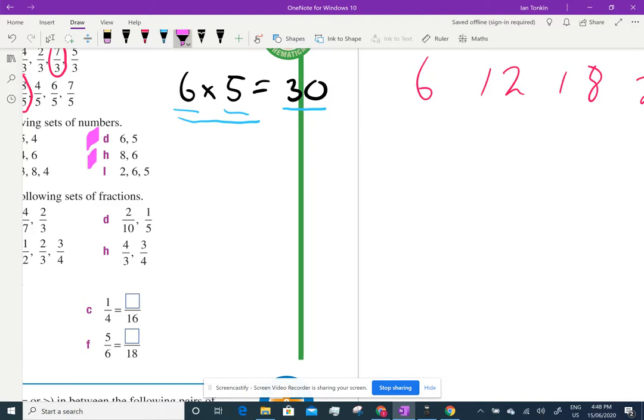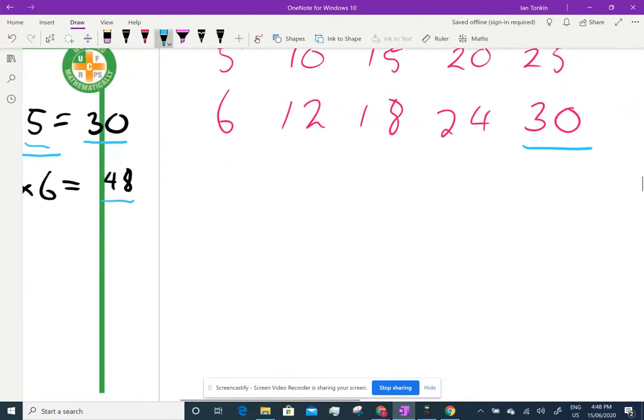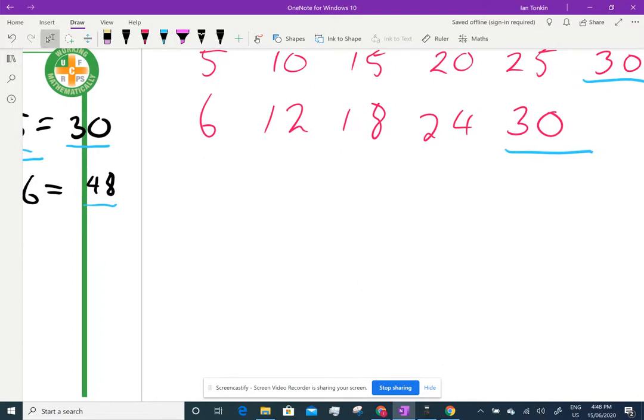Let's look at H, 8 and 6. If I do 8 times 6, and I know my multiplication tables, I'll get 48. So that is a common multiple, but is it the lowest? Well, we've already got the 6 times table there. Here it is, we just did it.